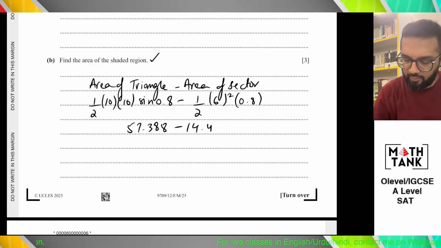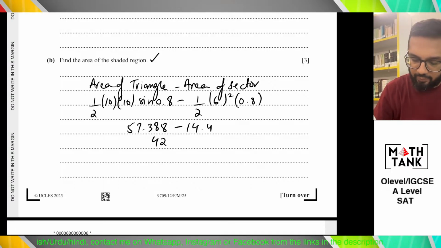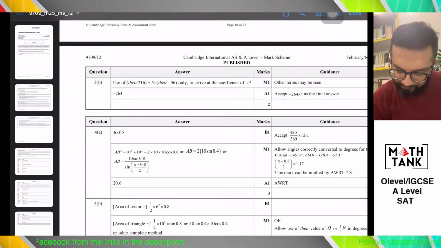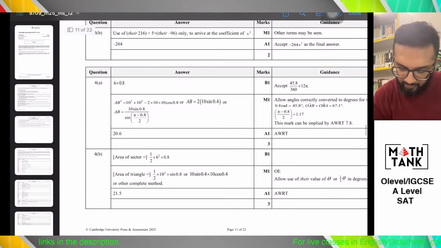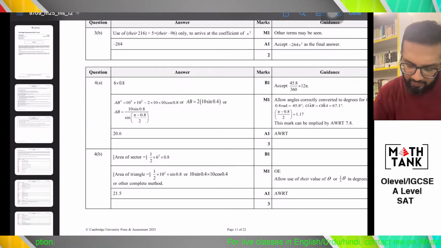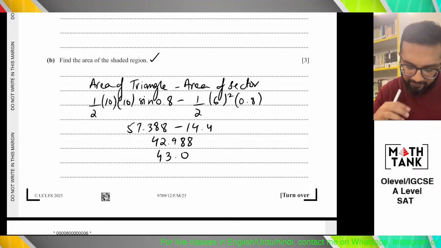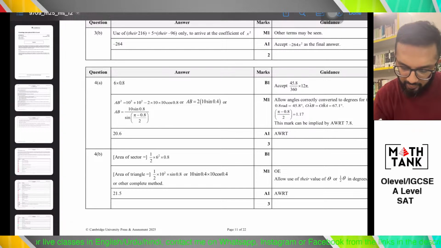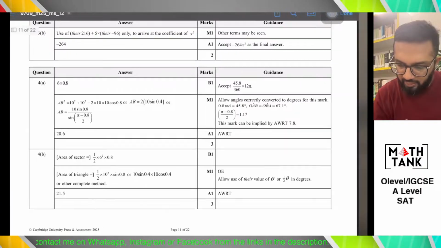14.57.388. 14 point. That gives me 42.988. That's 43 point. It's a mistake then. Maybe calculation mistake.